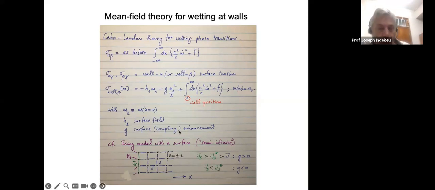Now, what would this look like in the Ising model for magnetism? It's a very good question, because much of this mean field theory is just set up in the context of the Ising model and makes use of the Ising model symmetry between up and down spins or magnetizations.